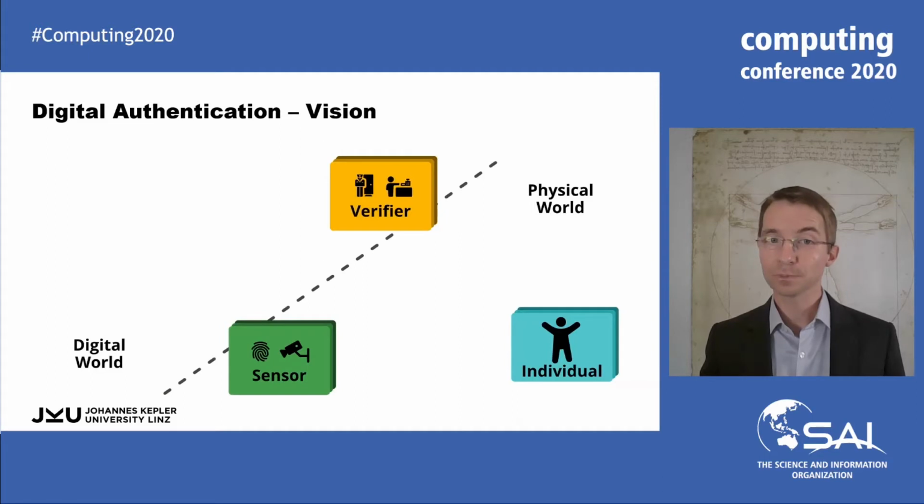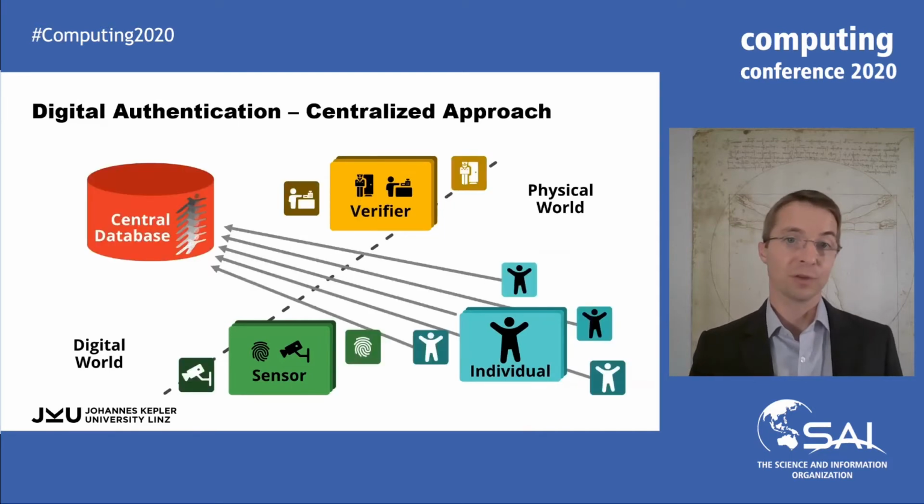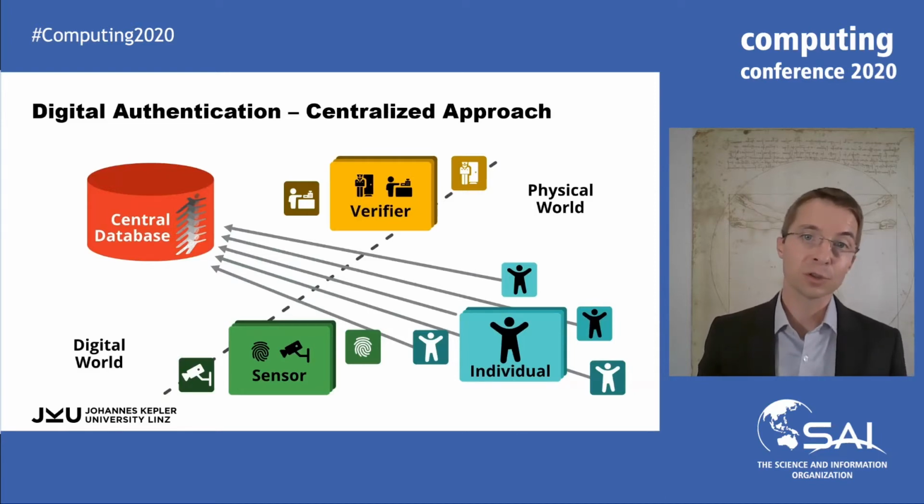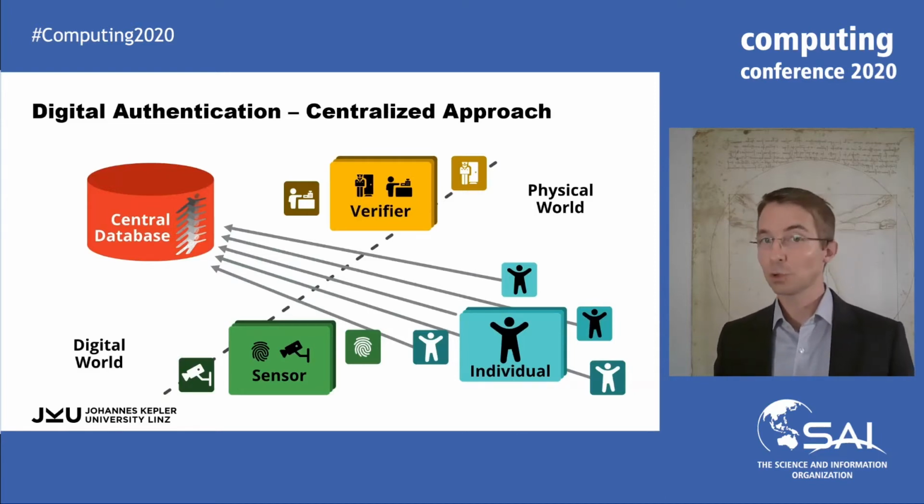Under this assumption of biometric identification using sensors distributed in the physical world and operated by different organizations, there are different approaches to implementing such digital authentication. The obvious and technically simpler approach is the use of centralized databases. All biometric features and relevant identity attributes can be stored and linked.